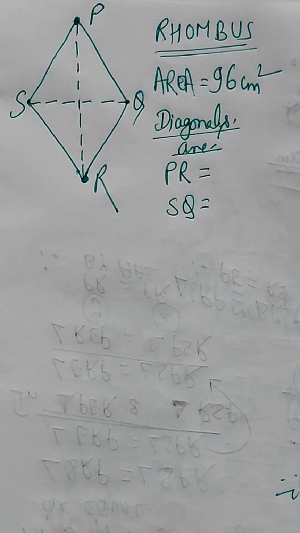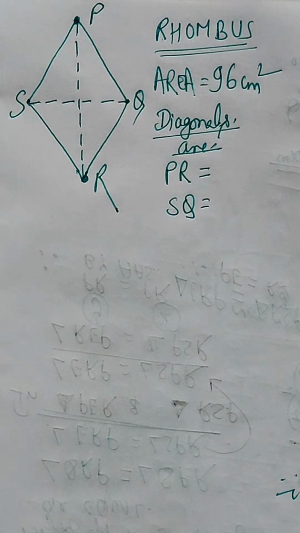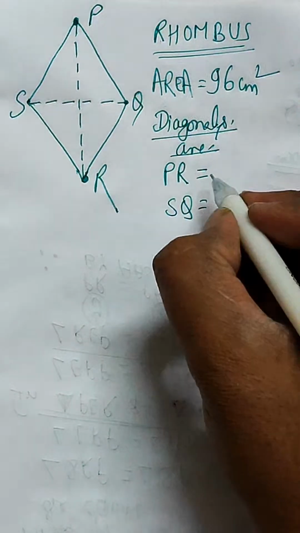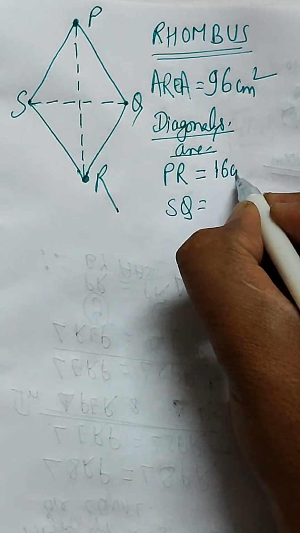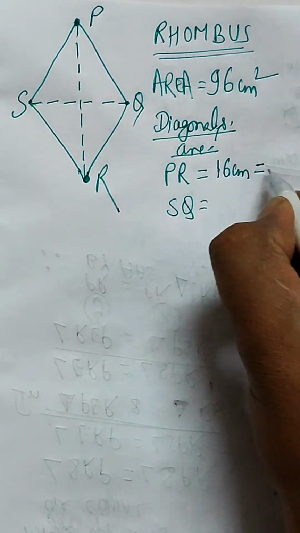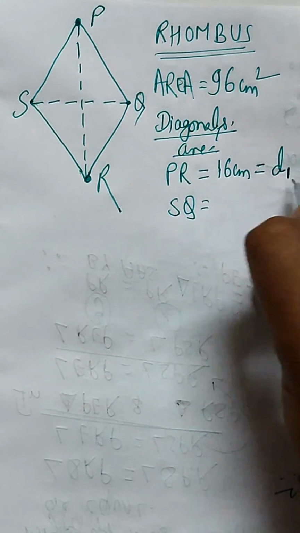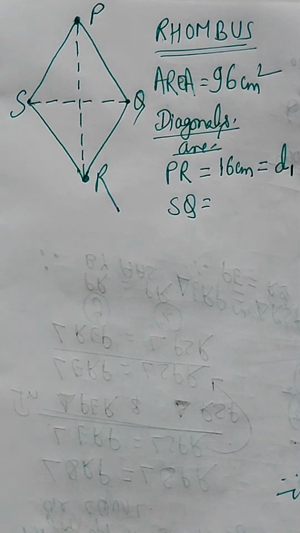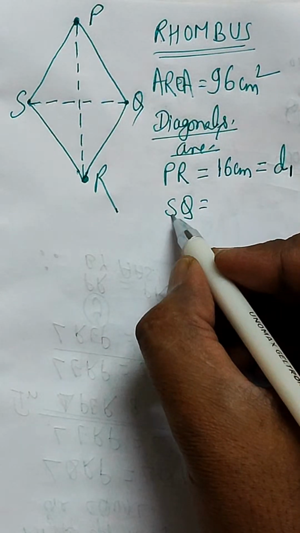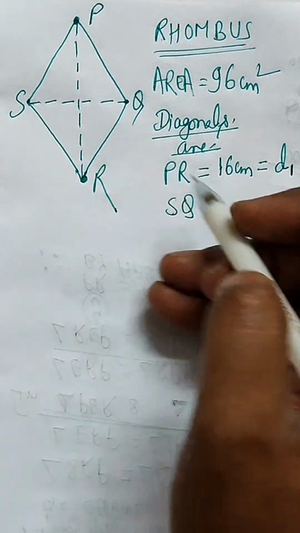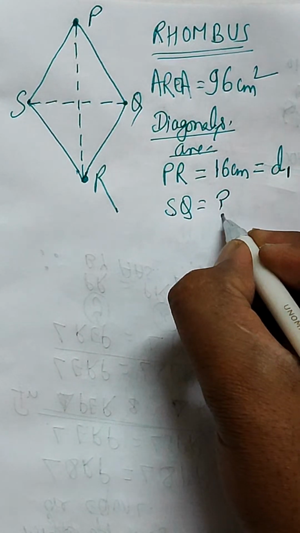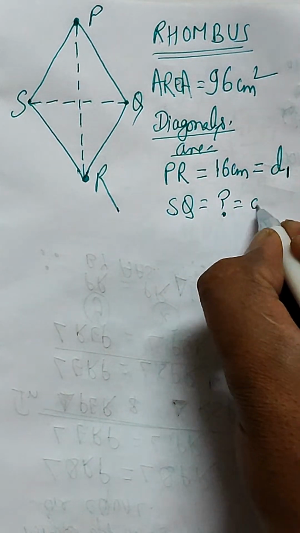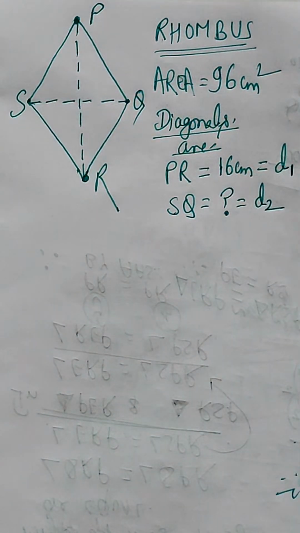It's given that the length of one of the diagonals is 16 centimeter. Let's say this is 16 centimeter and let's represent it by D1, right? Then the other diagonal SQ needs to be found out, okay? And basically this is D2.